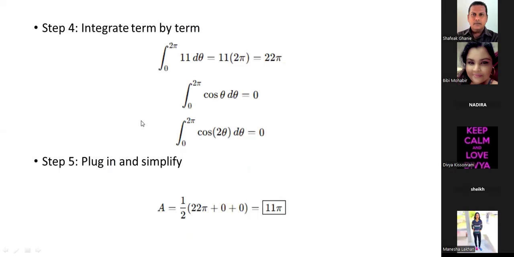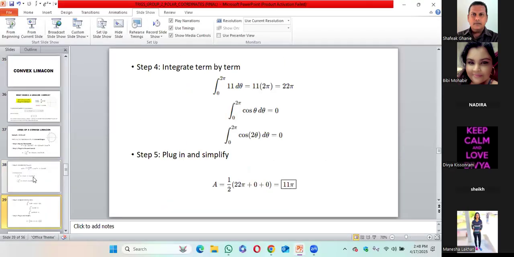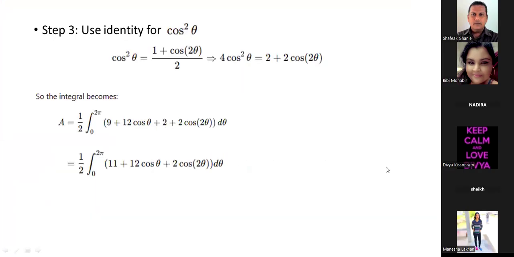So the integral becomes half the integral from 0 to 2 pi. And this is what our work turns out to be with respect to theta.